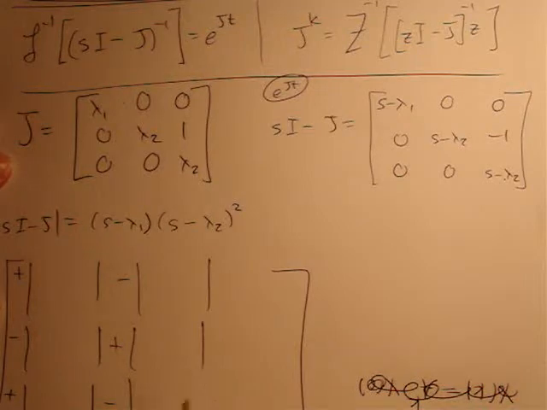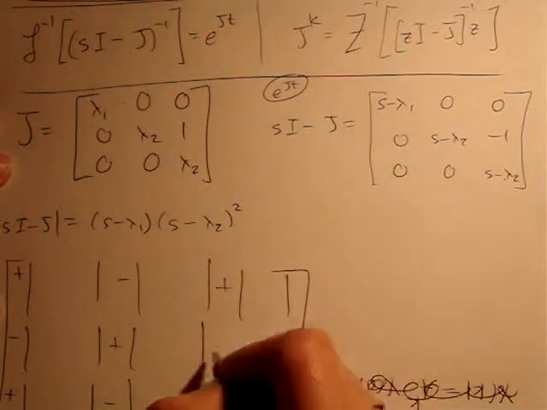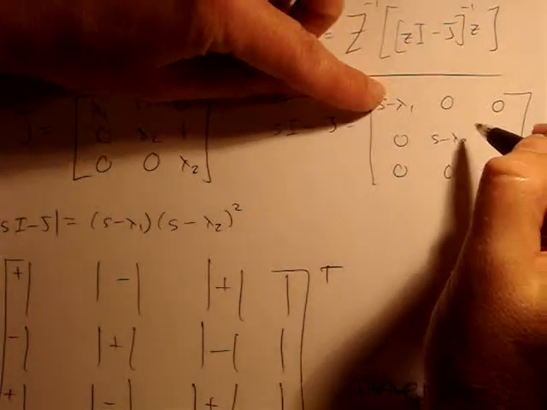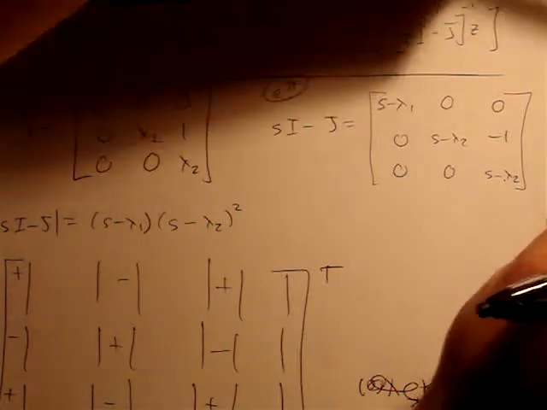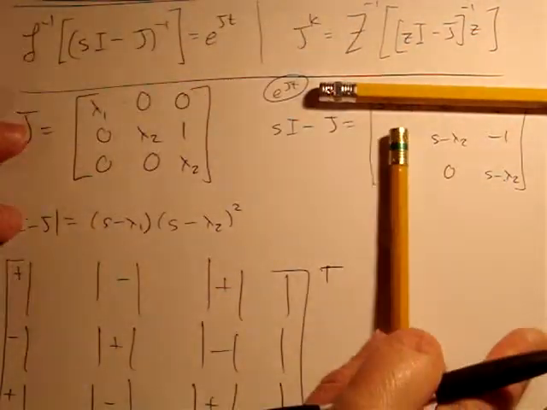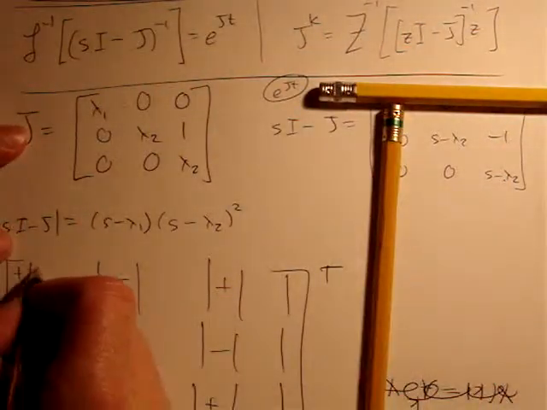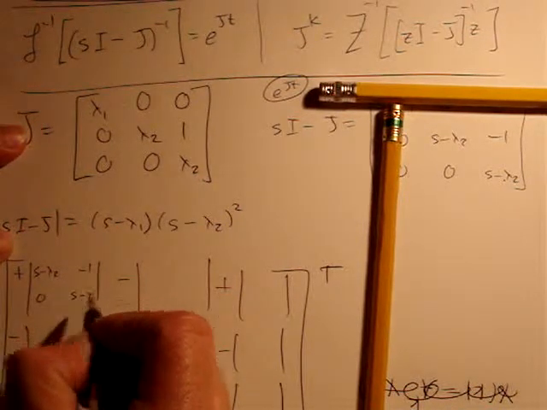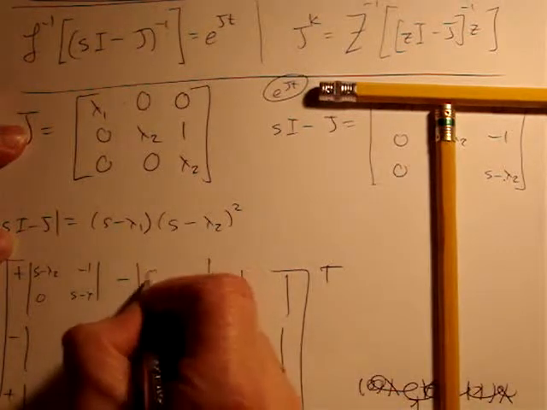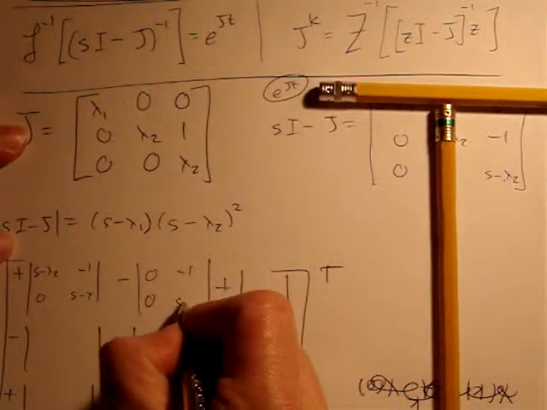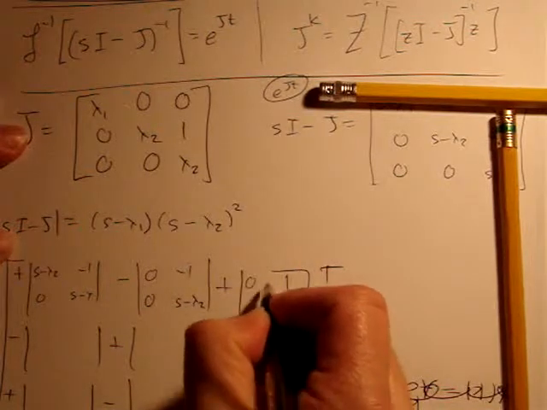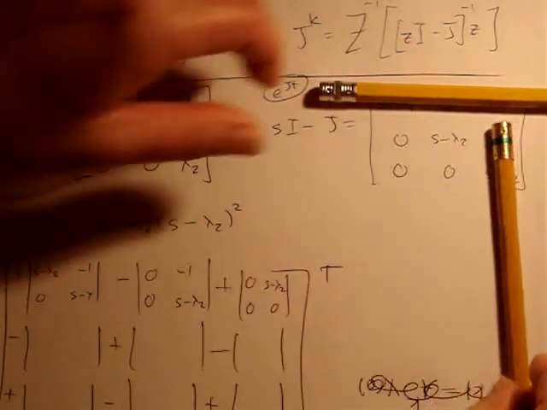Our 2 by 2s we're going to have to fill in here. And don't forget the transpose. Alright, so looking at our 1,1, our first row, first determinant is going to be s minus lambda 2, negative 1, 0, s minus lambda 2. Second one, 0, 0, negative 1, s minus lambda 2. We're going to have lots of nice zeros. 0, 0, 0, s minus lambda 2.